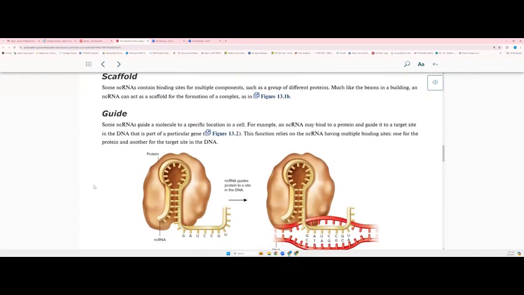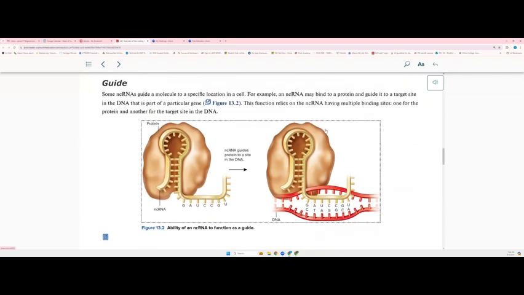The second application of non-coding RNA is that it can guide a molecule to a specific location in a cell. For example, a non-coding RNA may bind to a protein and guide it to a target site in the DNA that is part of a particular gene.